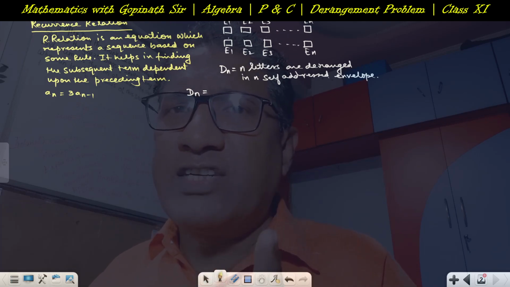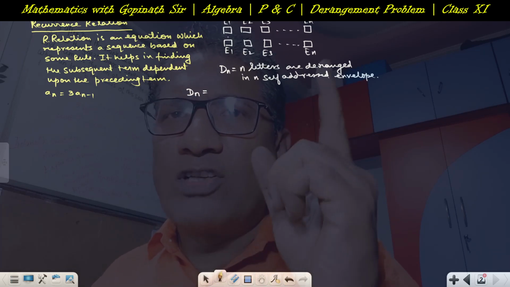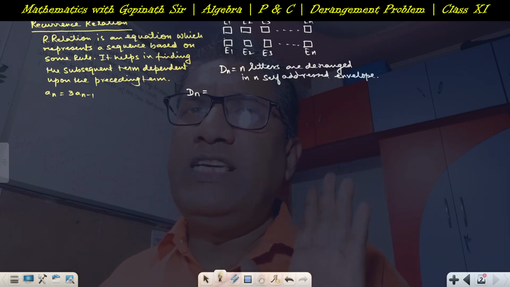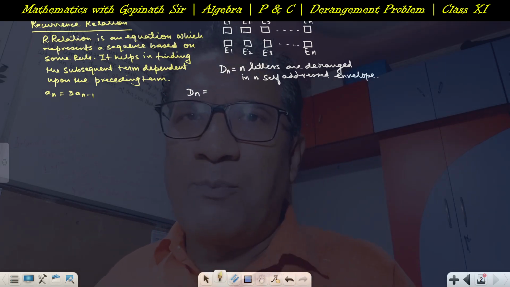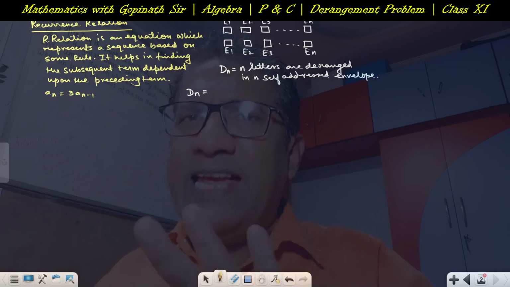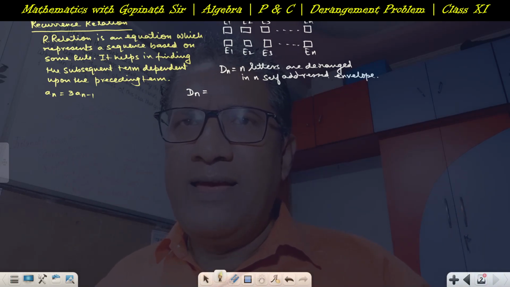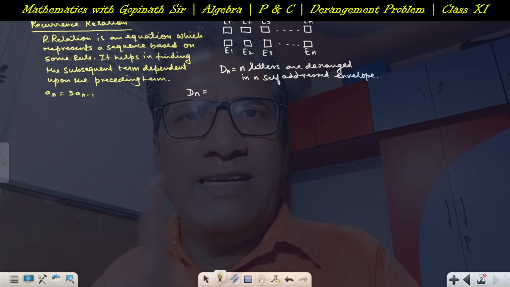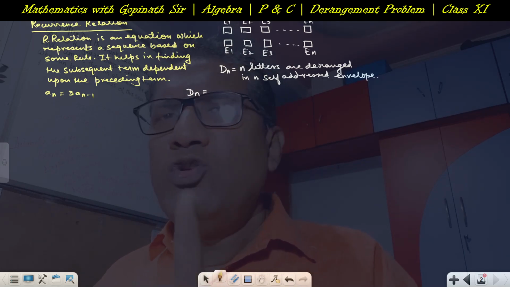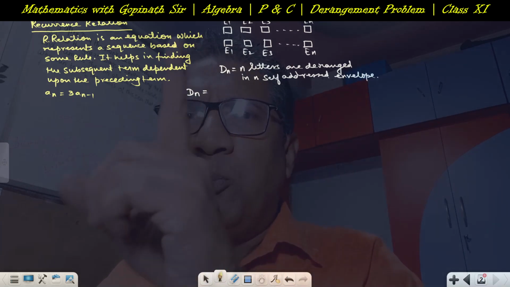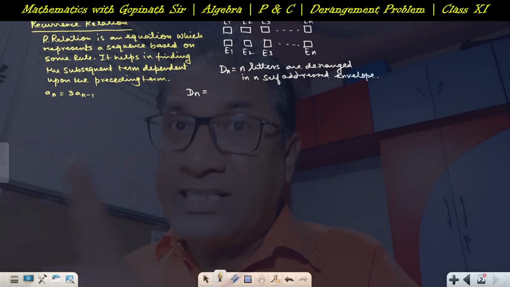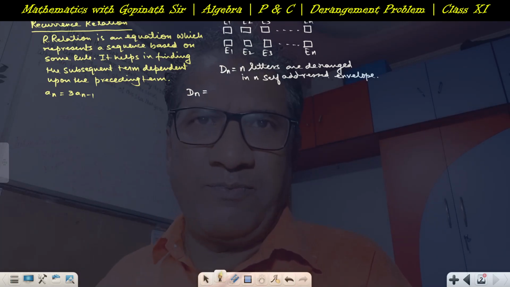Why are we not considering n envelopes? Because your L1 cannot go to E1, that is envelope 1. So we are eliminating envelope 1, and we are left with n minus 1 envelopes. You choose any one envelope to place this letter L1 in it.